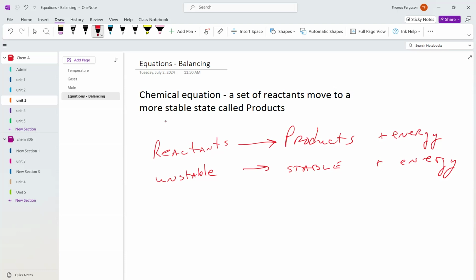Okay, and the reactants are atoms or molecules. Products are atoms or molecules. Not the same though.